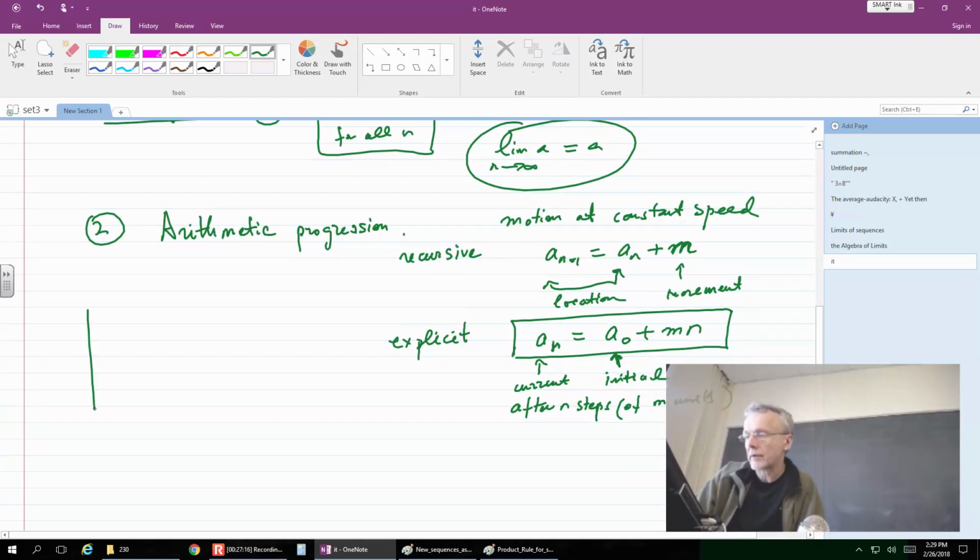You can plot the graph like this. You start with a naught right here, and then you progress at every step: a naught plus m, a naught plus 2m, a naught plus 3m, and so on. These points will be located on a straight line.